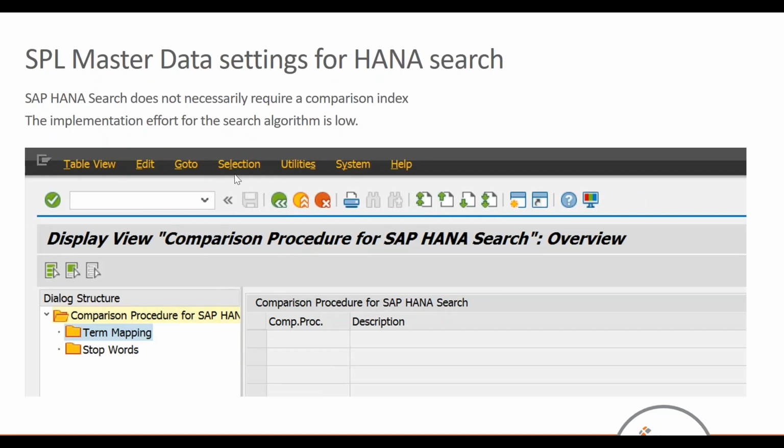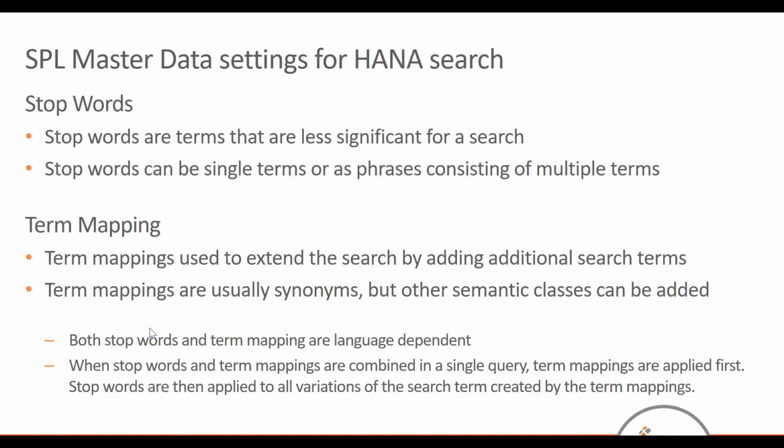We do have a different set of master data settings for HANA search: one is the stop word and the other is the term mapping. Now what is a stop word? Stop words are basically words or phrases that are of less importance or less significance for the search.